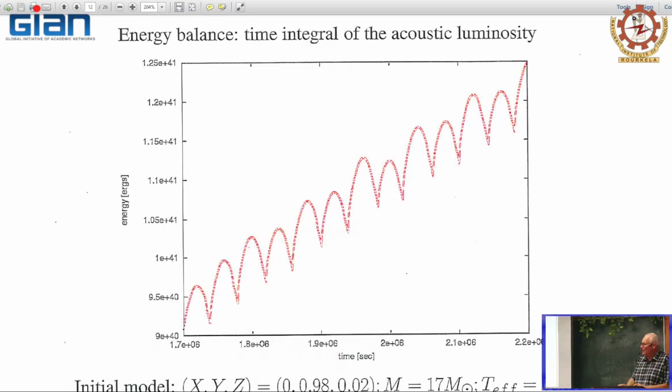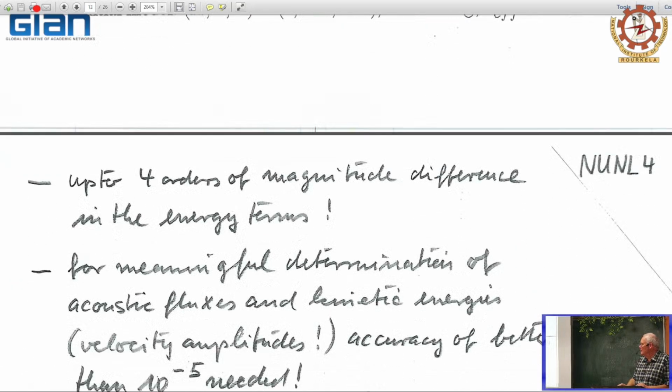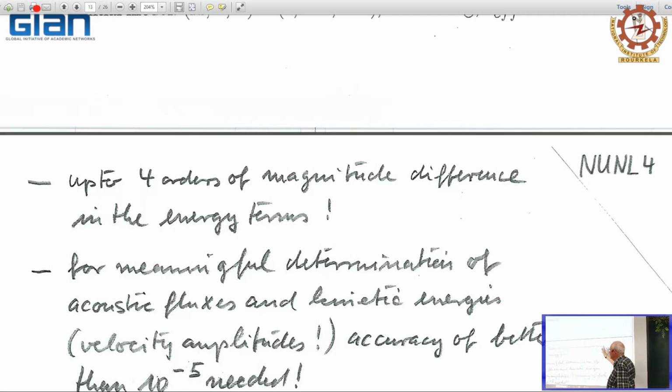Well, what you derive from this diagram is, if you want to have a meaningful result, we have up to 4 orders of magnitude difference in the energy terms. So if we make an error in the gravitational energy of only 1%, this error is as big as the kinetic energy. What we want to derive from our simulations is, of course, the magnitude of the kinetic energy. That's what we are interested in.